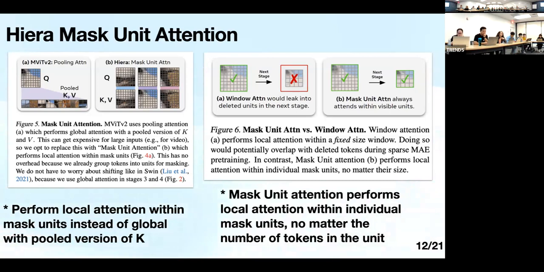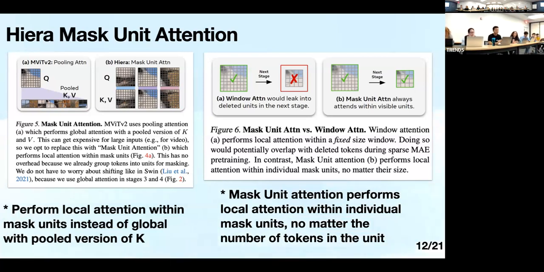So essentially, they'll compute the Q values from these small mask units, and then they'll perform this attention using this smaller subsection as well. So the mask unit attention performs local attention within individual mask units, no matter the number of tokens in the unit.